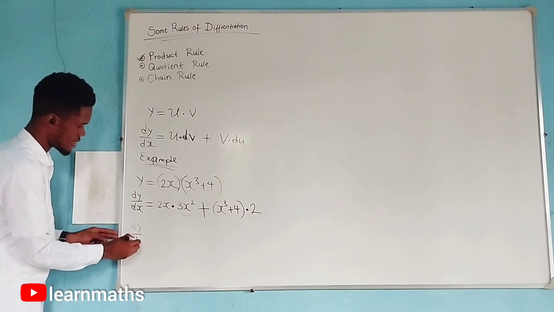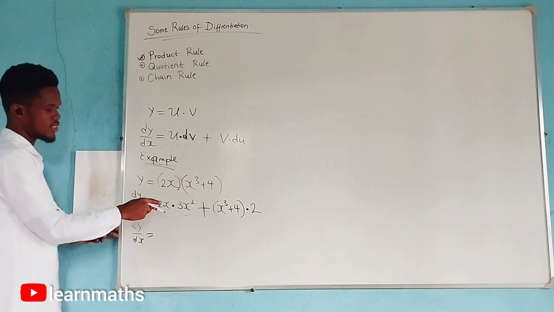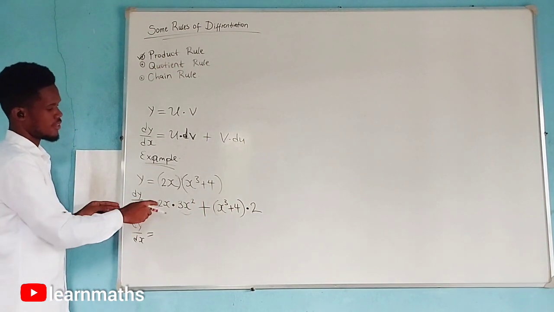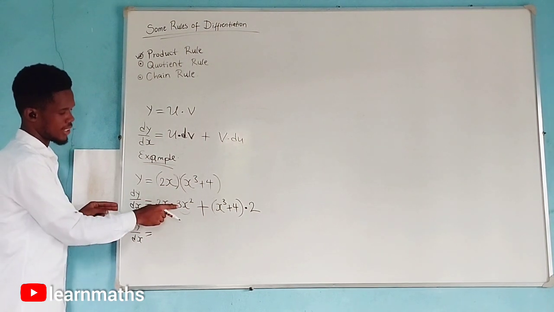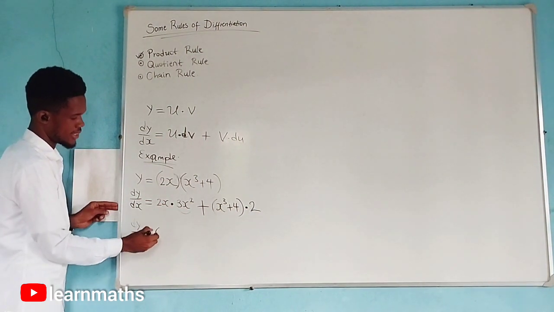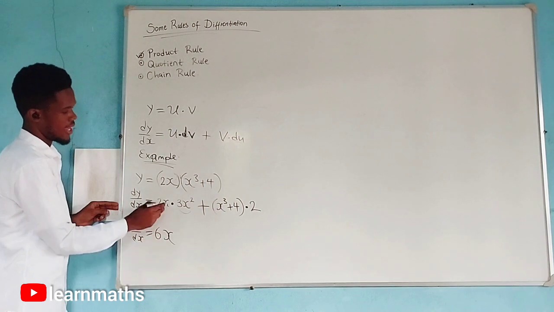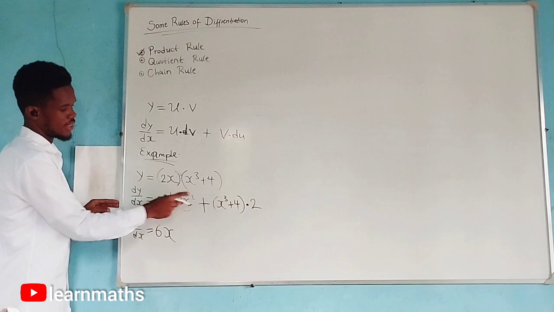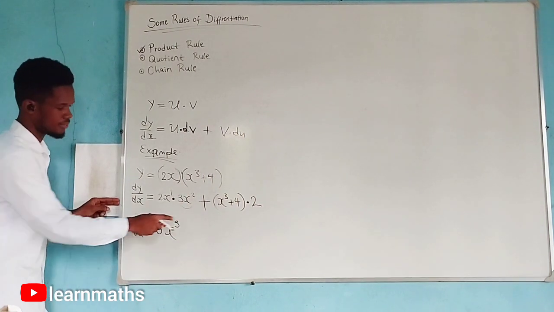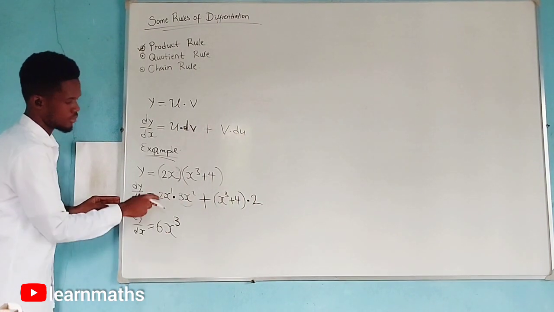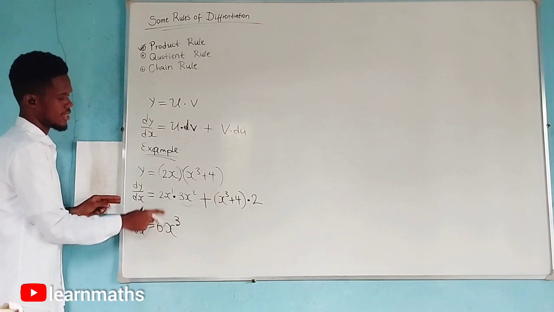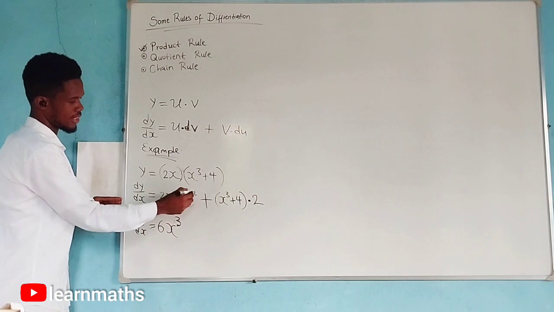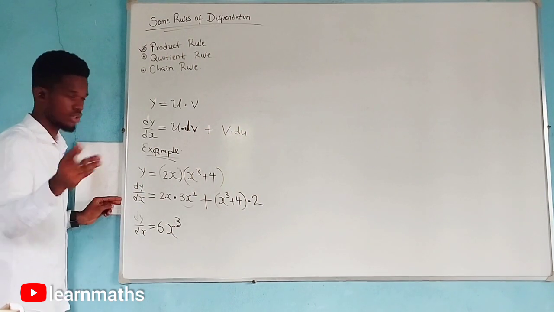dy dx will be equal to, now this is 2x times 3x squared. What's it going to give us? 2 times 3 is 6, right? Then x raised to 1 times x raised to 2 is x raised to 3, as multiplication of indices.